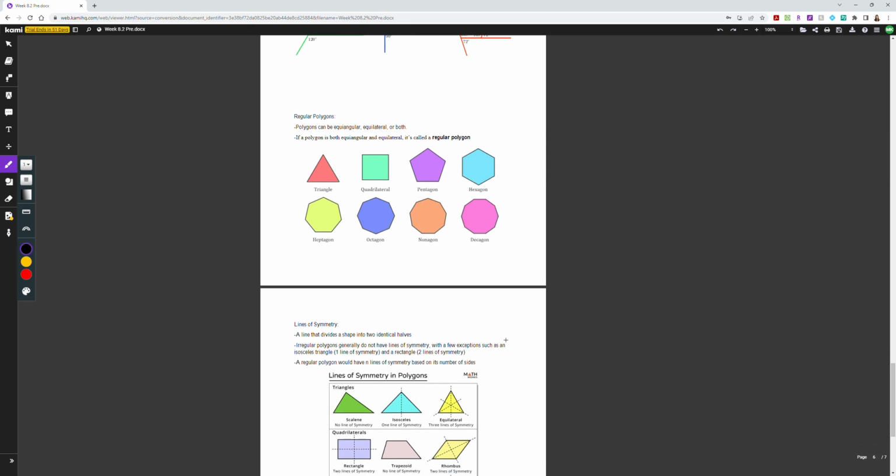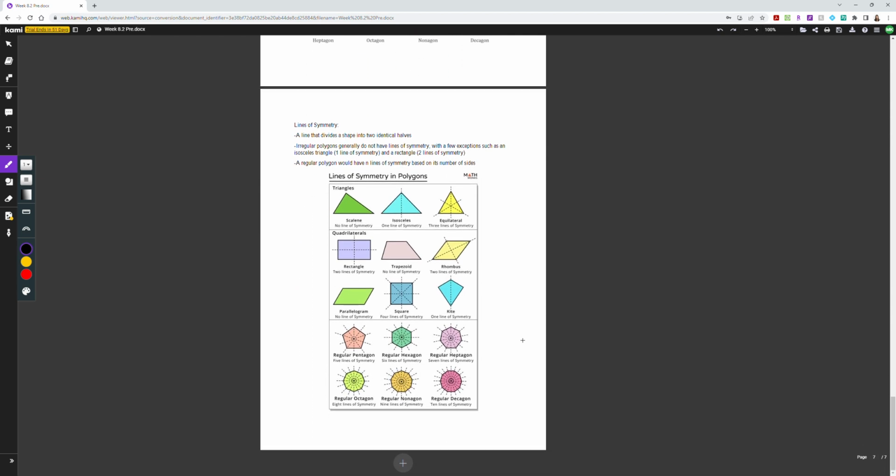All right. Now on to the last thing of the day. We have lines of symmetry. Not many questions come up for lines of symmetry, but it does come up. So we do need to know what exactly a line of symmetry is, right? A line of symmetry is essentially a line that divides a shape into two identical halves. Remember, regular polygons are the ones which are equiangular and equilateral.